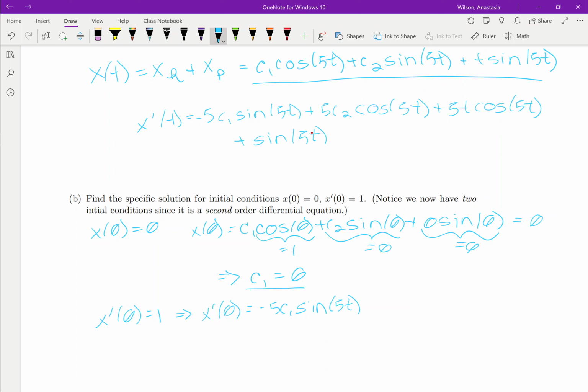Negative 5 c1 sine of 5 times 0, that's just going to be the sine of 0, plus 5 c2 cosine of 0, plus 5 times 0 times the cosine of 0, plus the sine of 0, and again you have a bunch of things that go to 0.